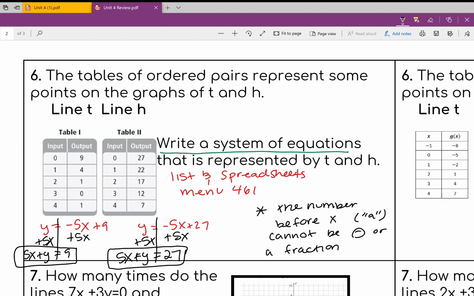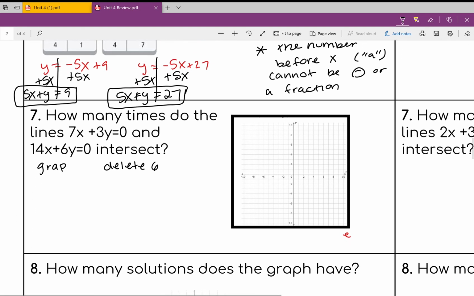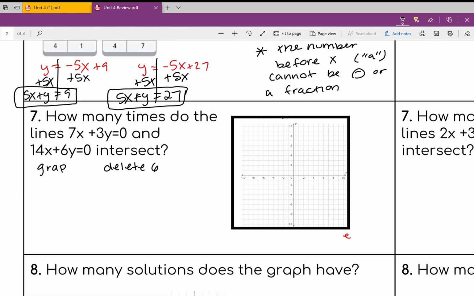Okay, so let's look at number 7. Number 7 says, how many times do the lines 7x plus 3y equals 0 and 14x plus 6y equals 0 intersect? So this is something, again, you're going to go to your calculator, and then you're going to go to graphs, type delete 6.